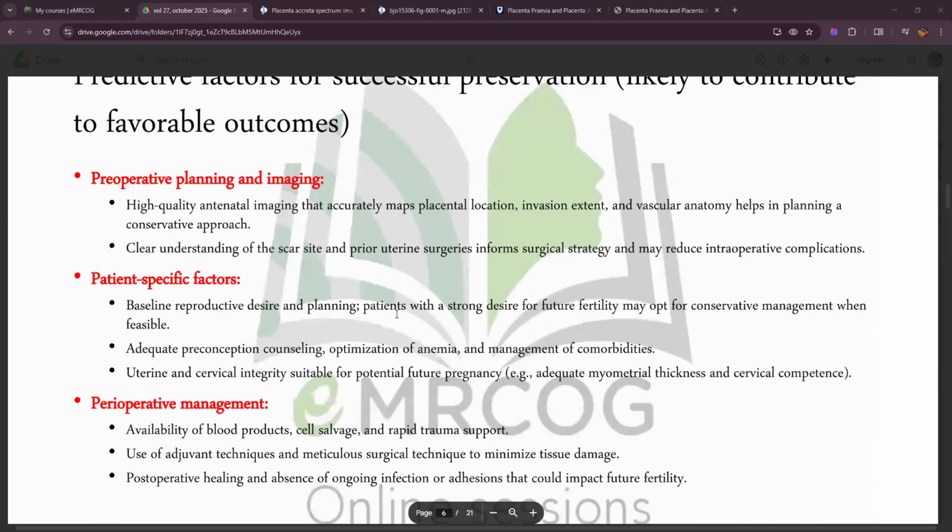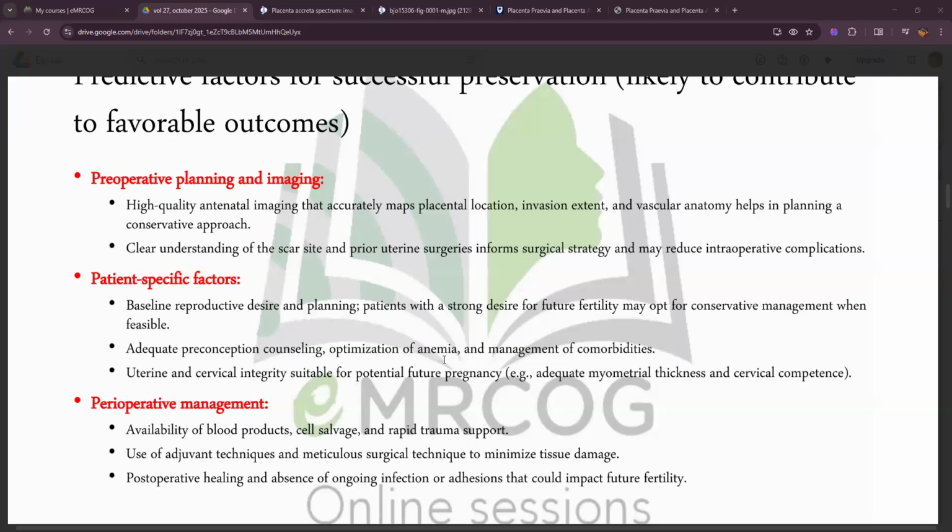Also, the preoperative planning and imaging. As we said before, we can have a map of the placenta location and invasion extent. Vascular anatomy is also very important, and whether it is related to a previous scar site or not. And the patient herself: how strong is her desire for future fertility?